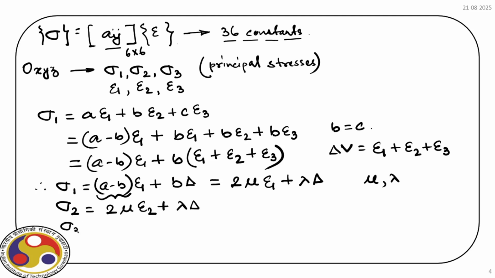And the last one, sigma 3 equal to 2 mu epsilon 3 plus lambda times delta. So we have three principal components of stress and three principal components of strain, and we can correlate them using two different constants, and these are called Lami's constants.